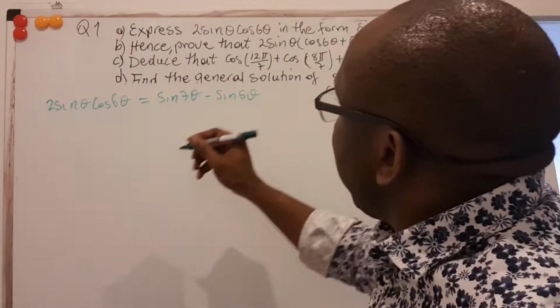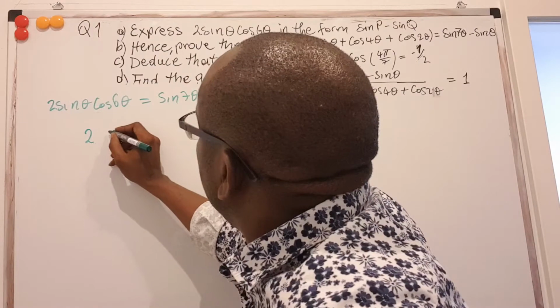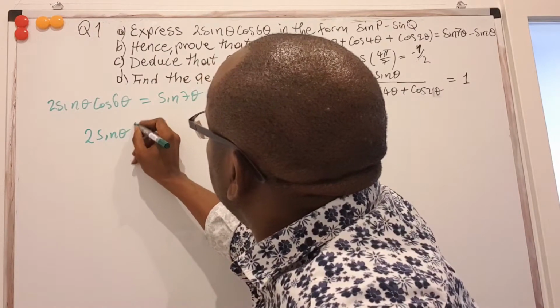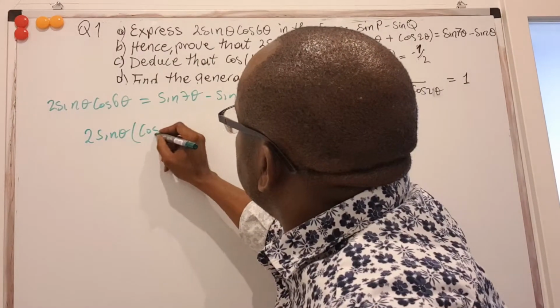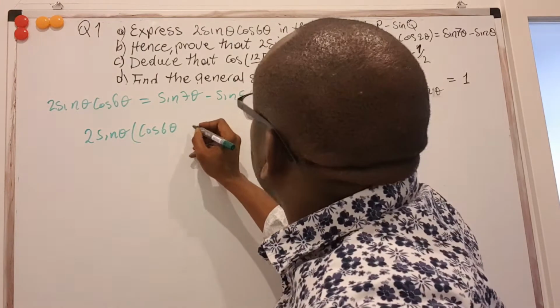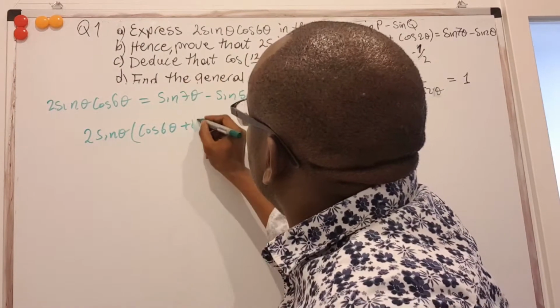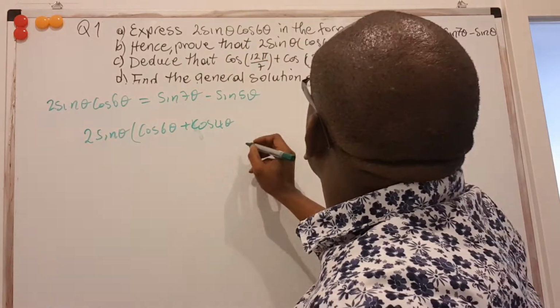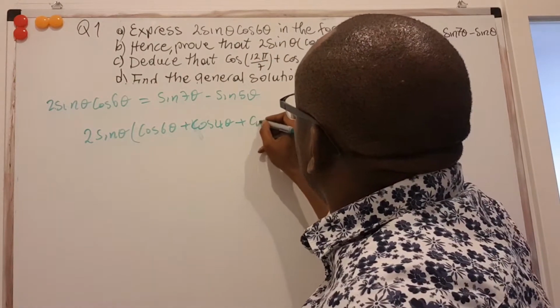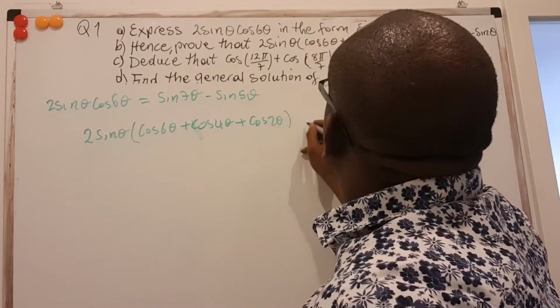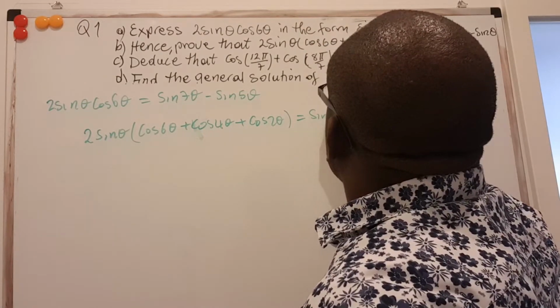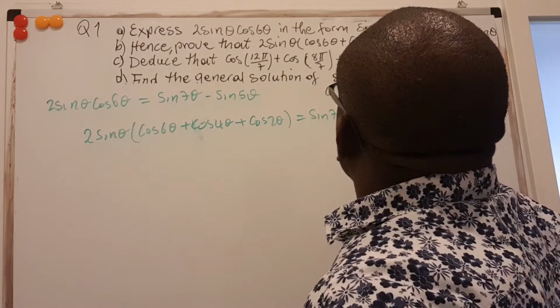So I will take my left hand side, which is written as 2 sine theta into brackets cos 6 theta plus cos 4 theta plus cos 2 theta. We expect to show that this is sine 7 theta minus sine theta.